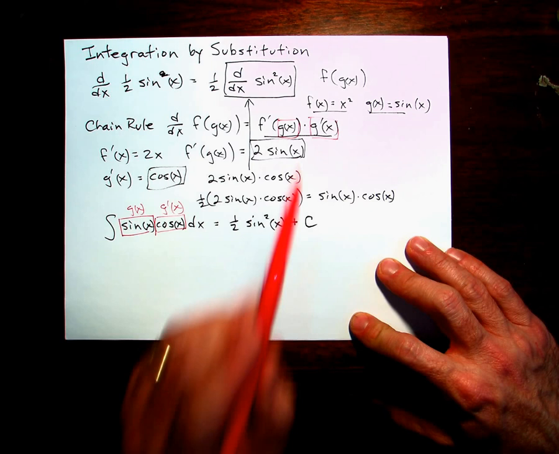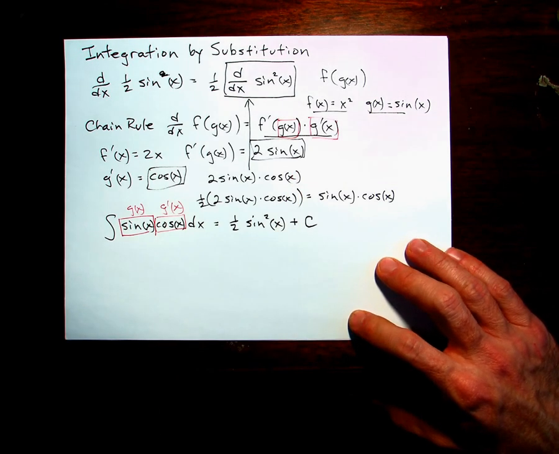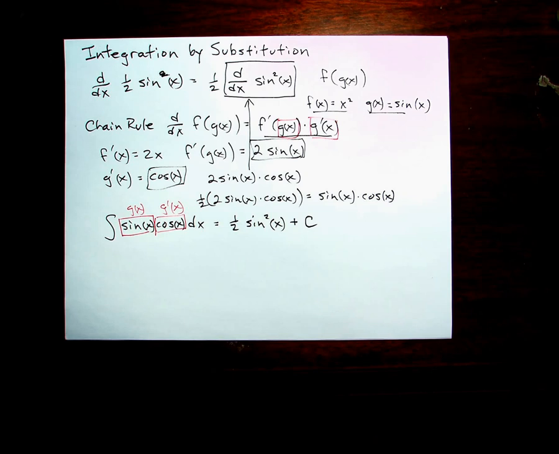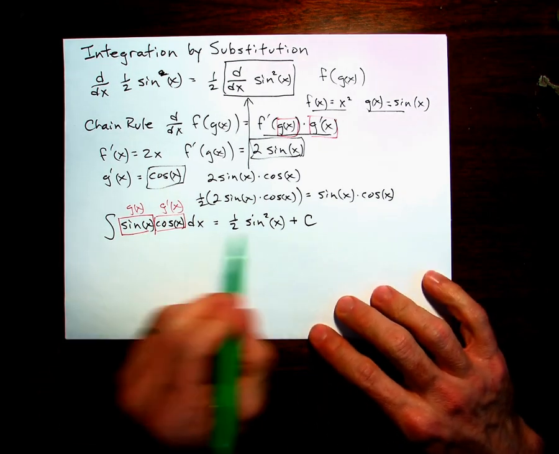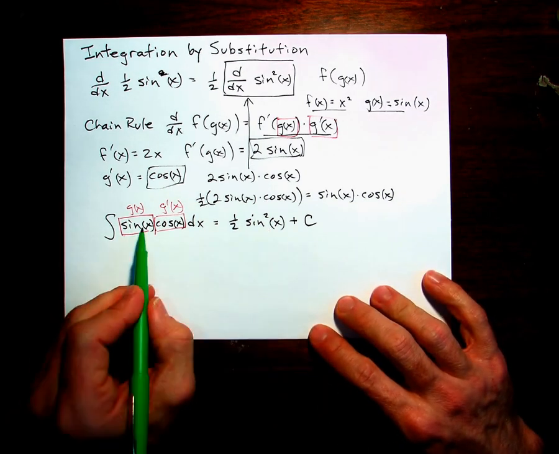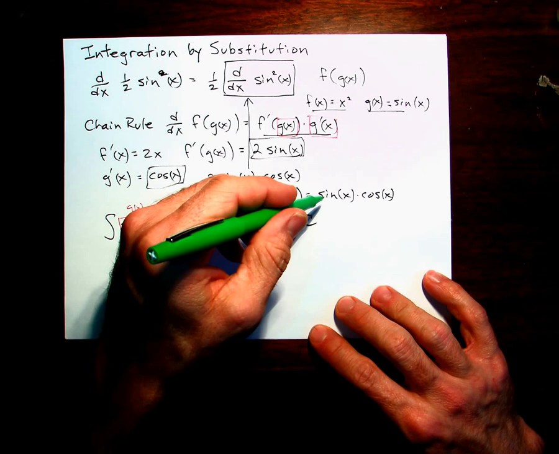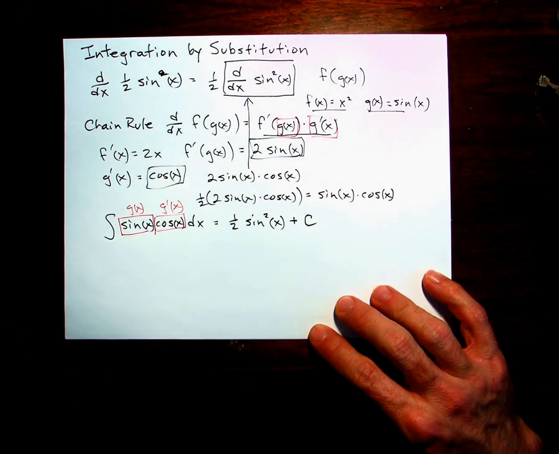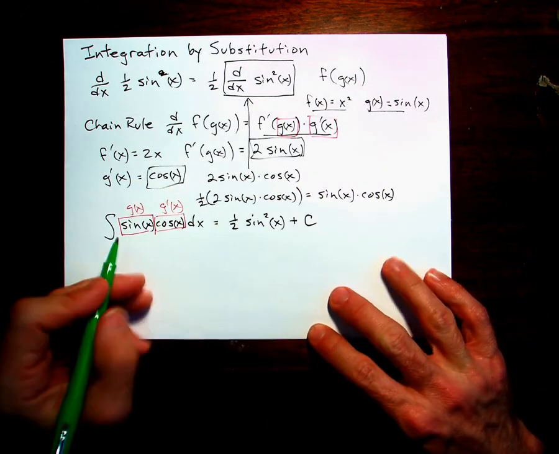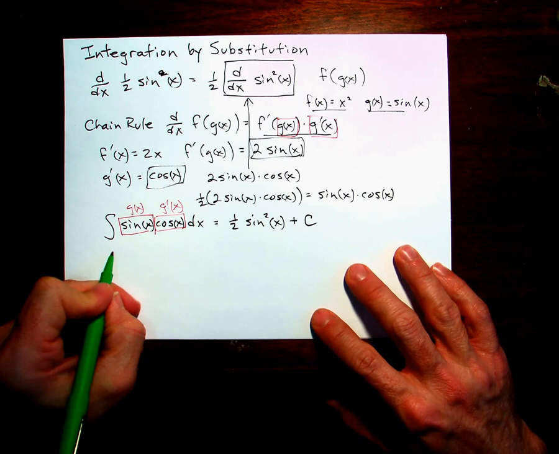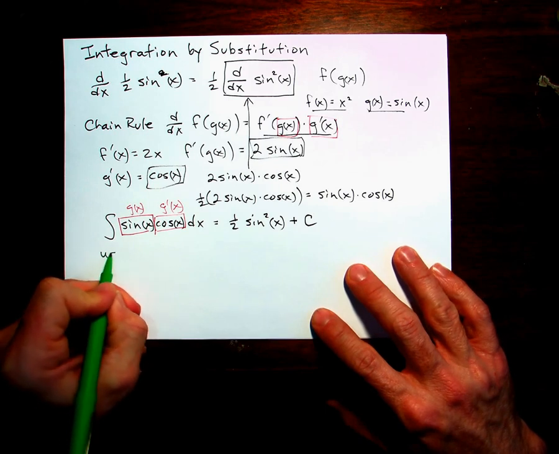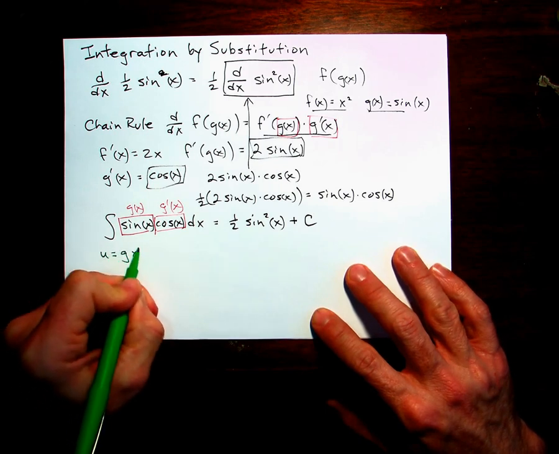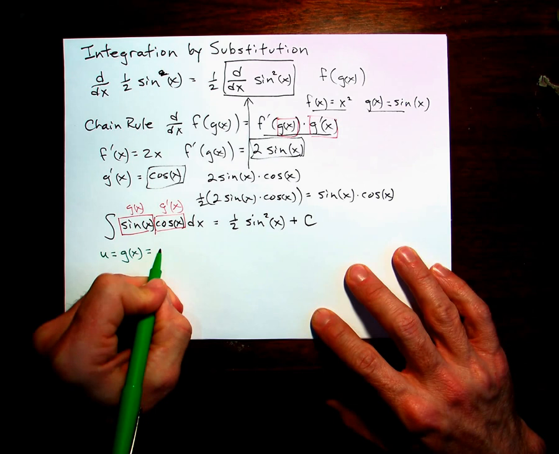All right, so let's look at how we could get this same answer if we started with this, rather than starting with the derivative and then just knowing that if I go backwards, I get the antiderivative. So what we're going to do is let u equal some function of x. In this case, u is going to be sine of x.